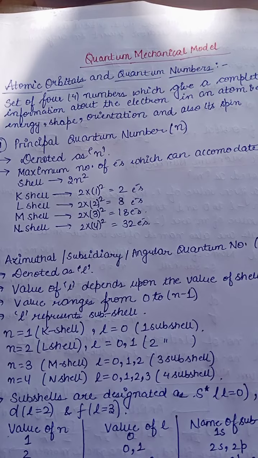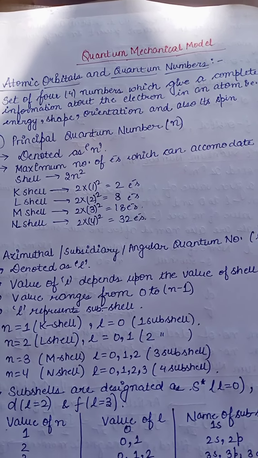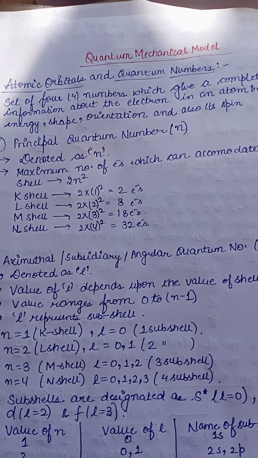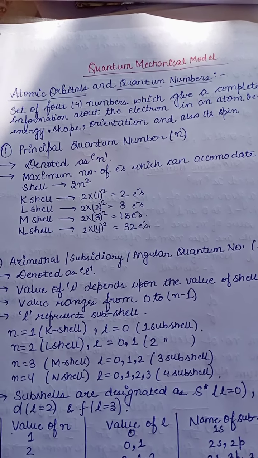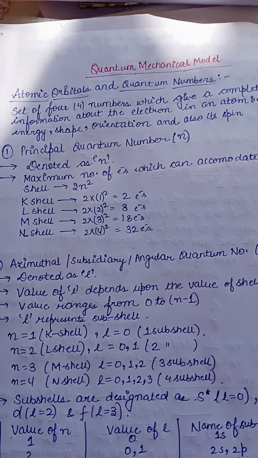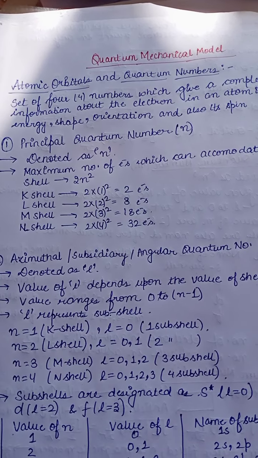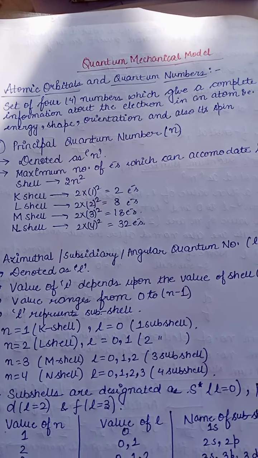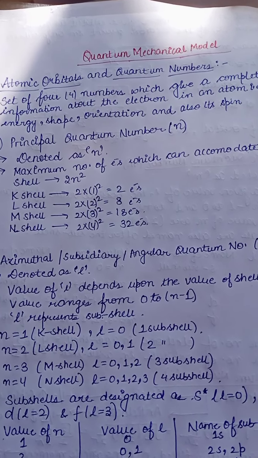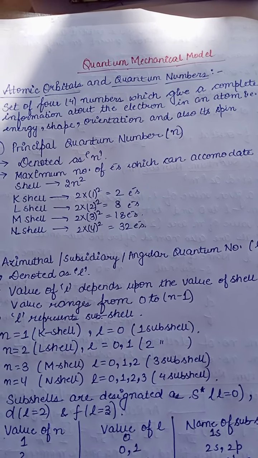So what is the maximum number of electrons which we can fill in these particular shells? They are as follows. In K shell, the value of n is 1, so the K shell will accommodate 2 electrons. The maximum number of electrons which could be accommodated in L shell is 8 electrons.